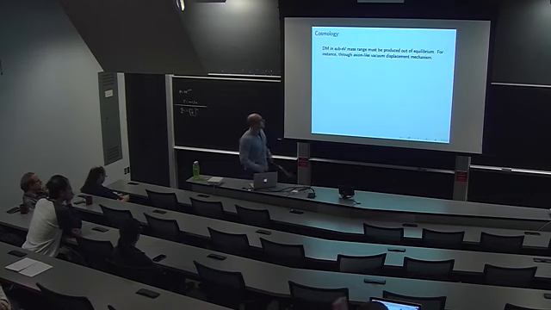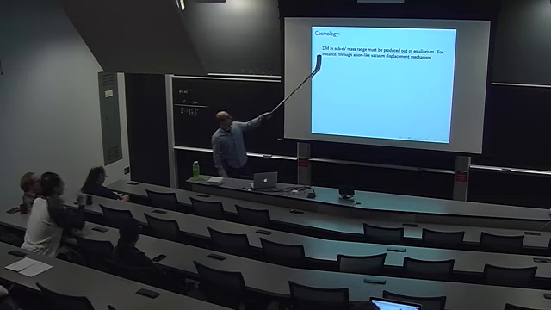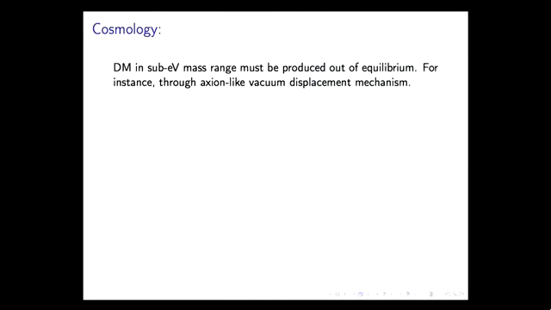Okay, now cosmology. First of all, it's a sub-eV mass particle, so it needs to be produced out of equilibrium. It's not a thermal relic. So we are assuming that it is produced through an axion-like vacuum displacement mechanism. Imagine this scalar particle to be frozen in the potential, displaced from the minimum, sitting there at high energy densities.